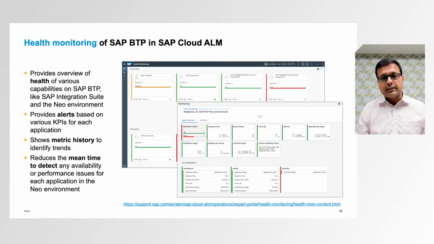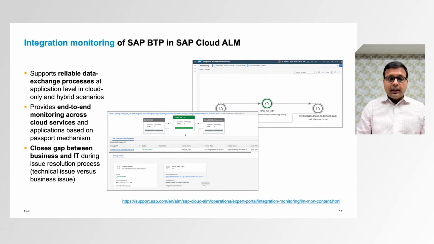Another key capability of Cloud ALM that supports BTP is integration monitoring. And this is a powerful functionality in Cloud ALM to actually track individual messages that are going across the integration suite, where you can track any kind of anomaly or errors that are happening on a single message level across this integration suite.